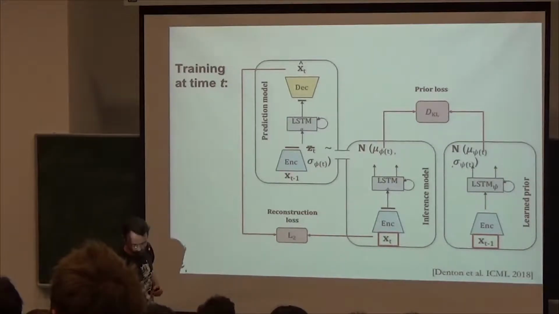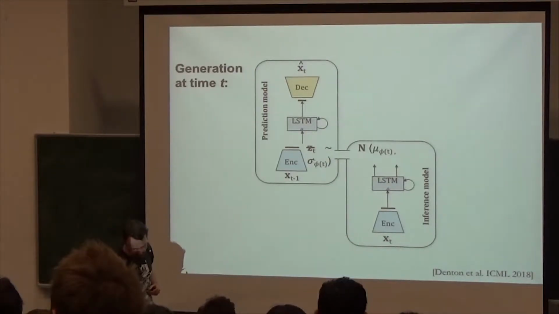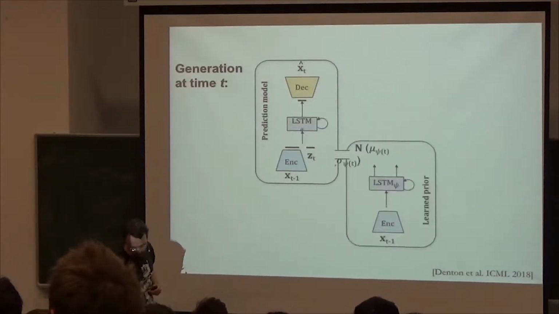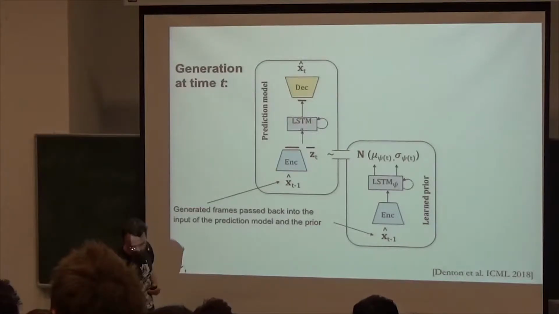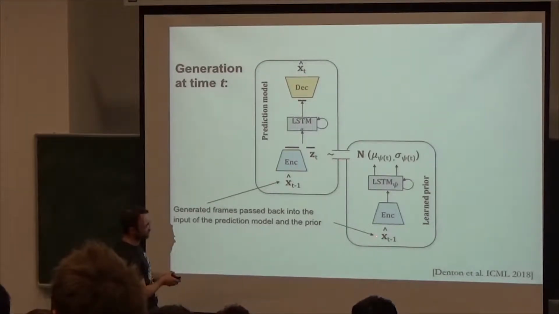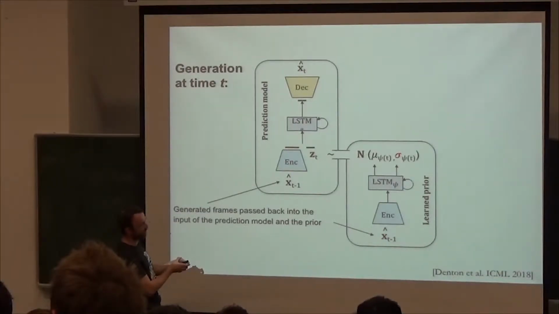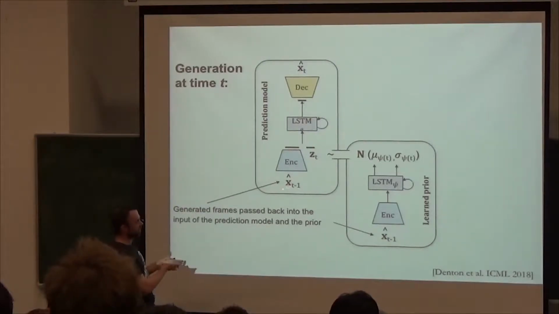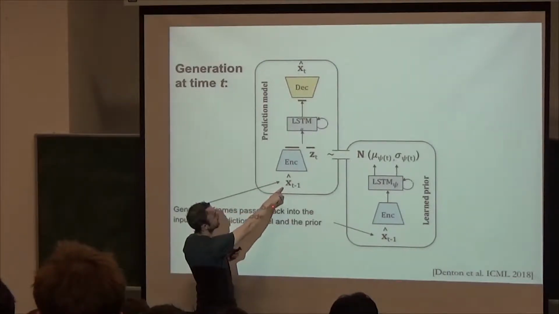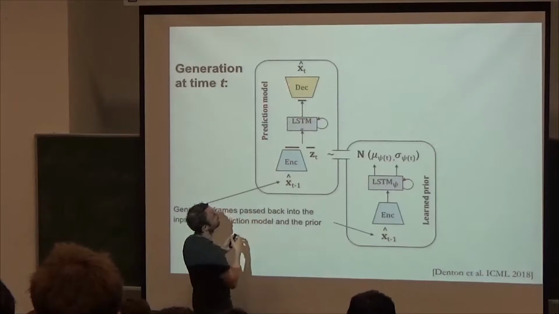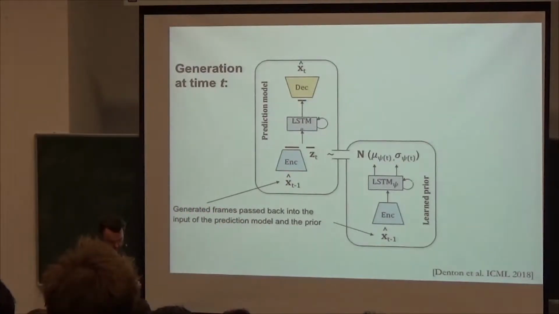That's the major importance of these two boxes. So what happens is you generate a frame that gets put back into the prior, that gives you a new distribution, you sample from it, the generated frame also gets put into the encoder, and then you decode to a new frame. You just keep repeating that until you've made all the time steps.